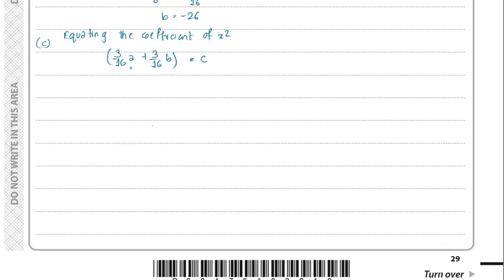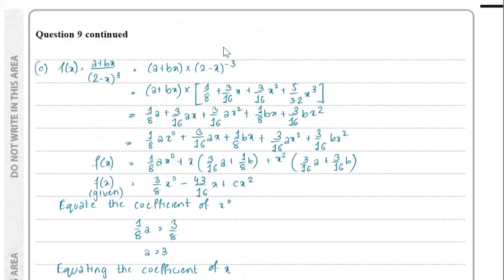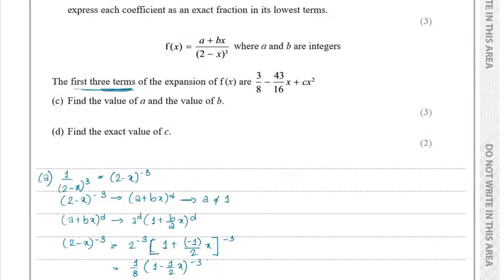Here a is 3 and b is minus 26. Now if you put this in your calculator, c would come out to be minus 69 by 60. So this is it for this question. Thank you.